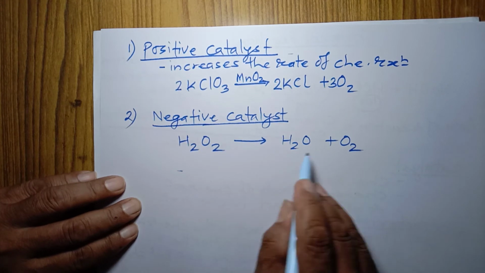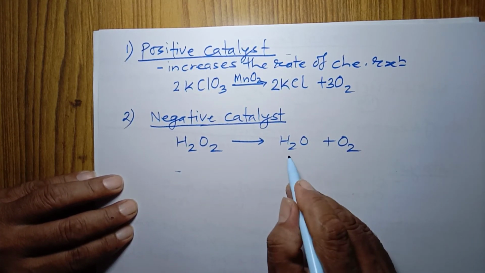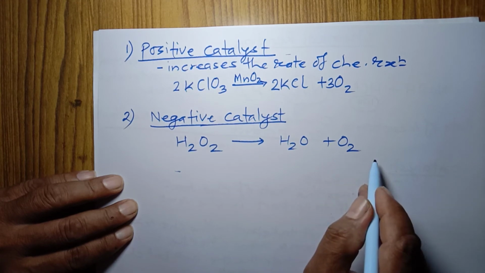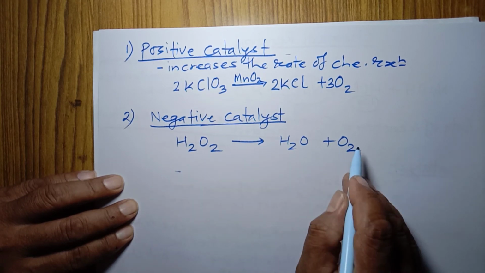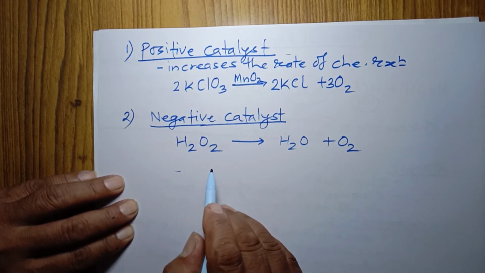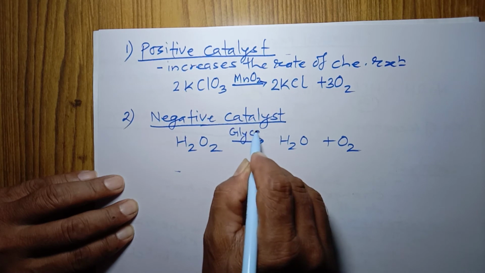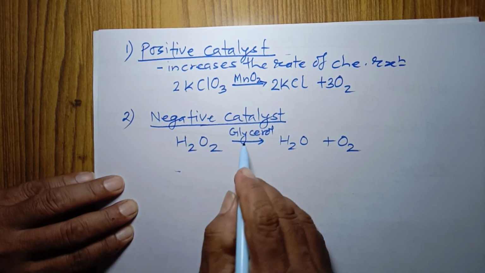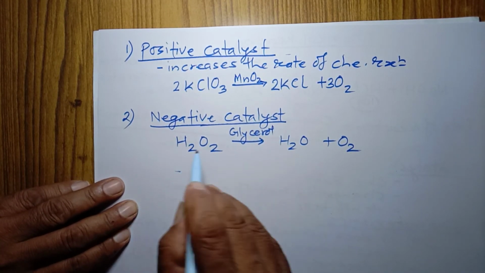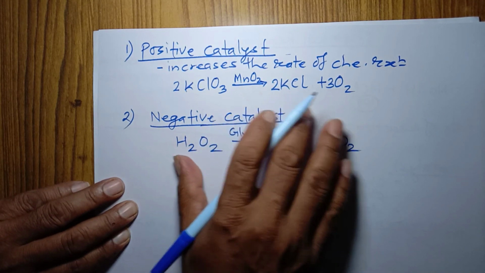We are not heating this hydrogen peroxide. It decomposes by itself into water and oxygen gas. And this rate of decomposition can be slowed down by using glycerol. If glycerol is used along with hydrogen peroxide, then the same reaction becomes slower.